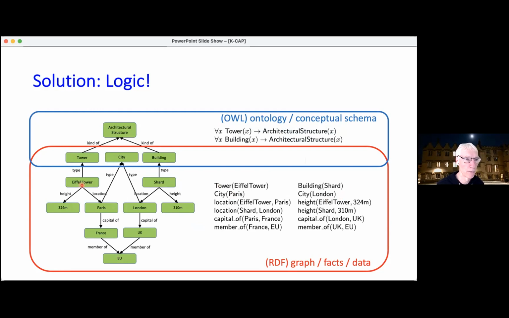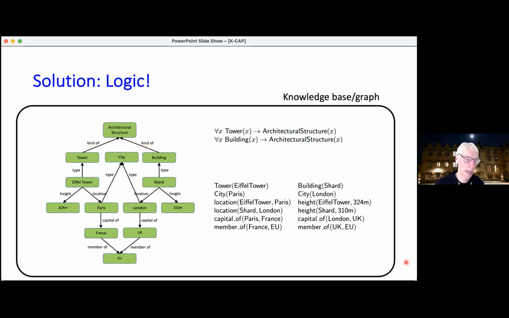So when I have Eiffel Tower located in Paris, I just have this fact, location(Eiffel Tower, Paris), and so on. And this is just part of the specification of OWL and RDF. If I take the whole thing together, then it's often called a knowledge base or a knowledge graph.